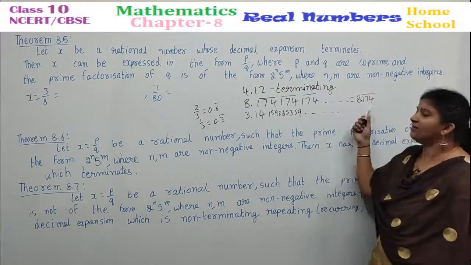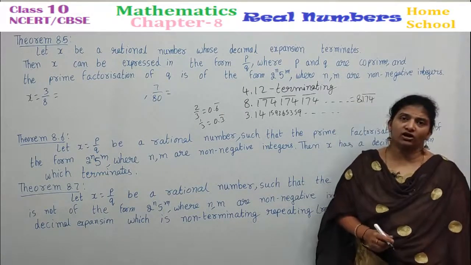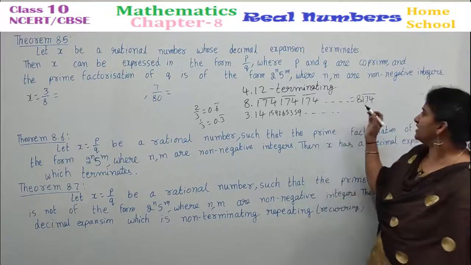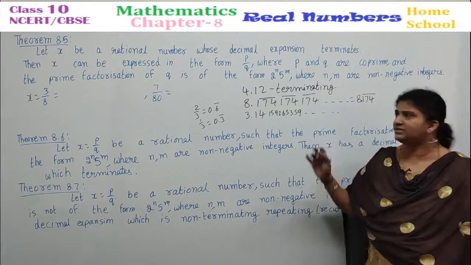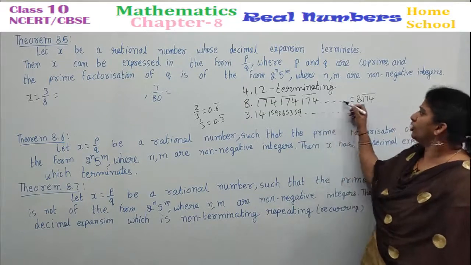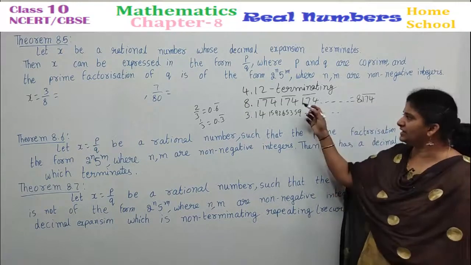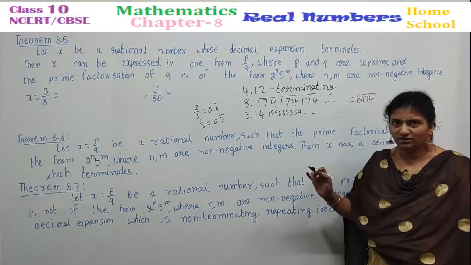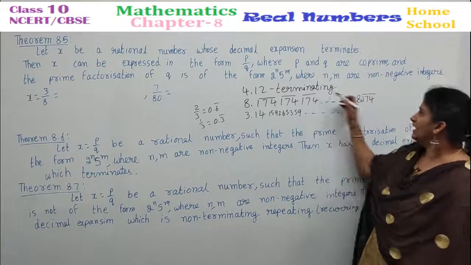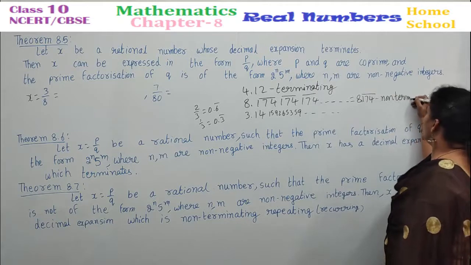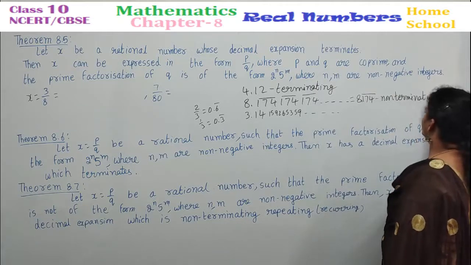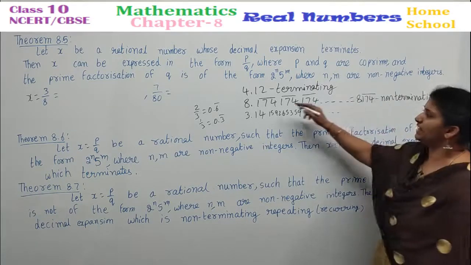So this type of decimal expansion, what do we call? The decimal expansion is non-terminating. Non-terminating means there is no end. Dot dot dot indicates it is a never-ending expansion. Therefore, what we say? It is a non-terminating and the decimals are repeated here.